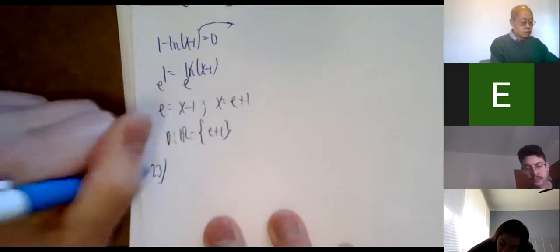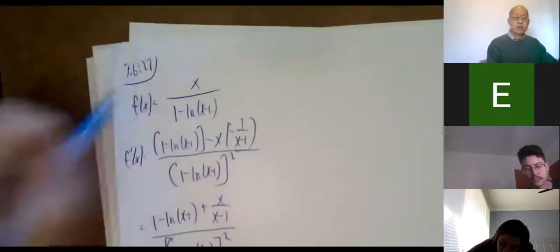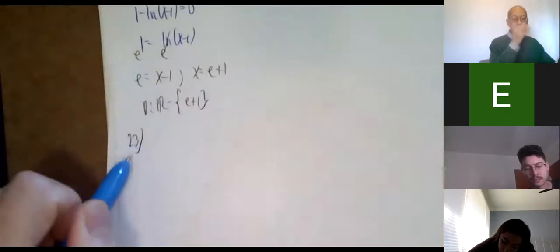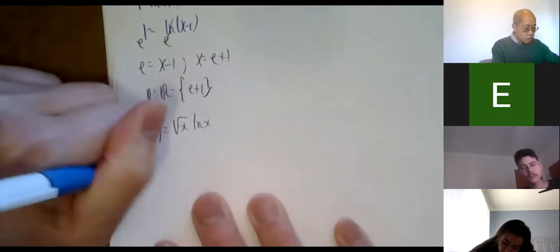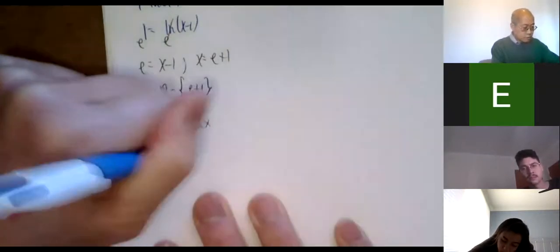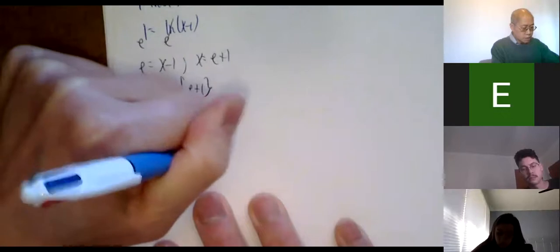Same section 23. Okay, I'm on 3.6 now. So if you don't see a section, I'm just doing 3.6. y equals radical x ln x. y prime is first times derivative of the second plus second times derivative of the first. 1/2 x to the minus 1/2.